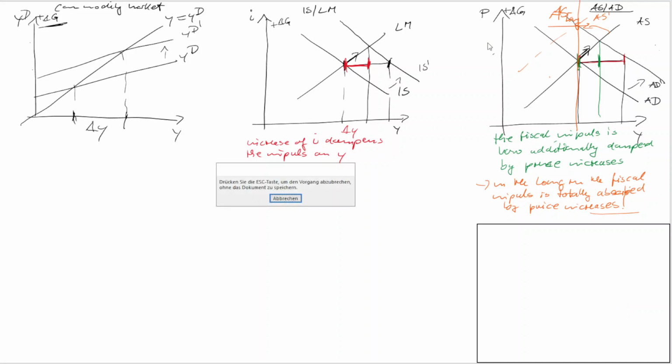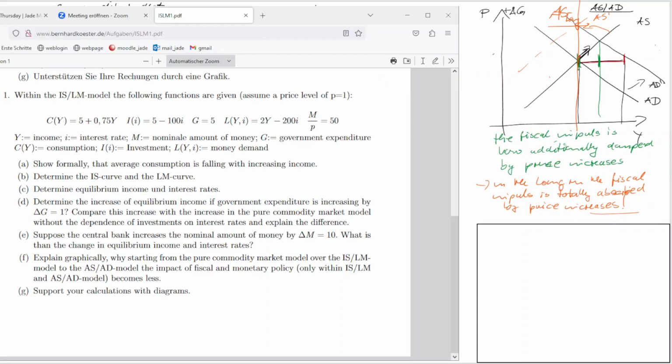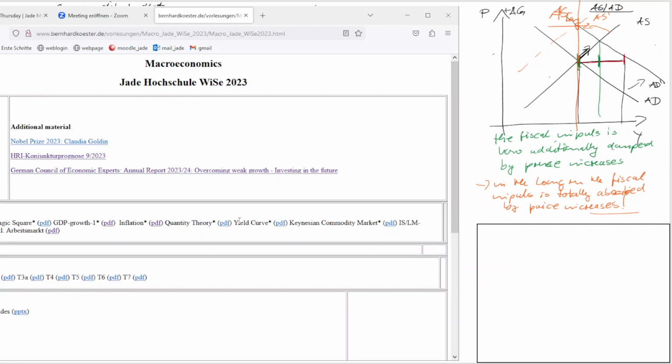Then, yeah, we are more or less done. Here you have also some other tasks, the quantity theory, yield curve. We have very much spoken about them within the lecture.